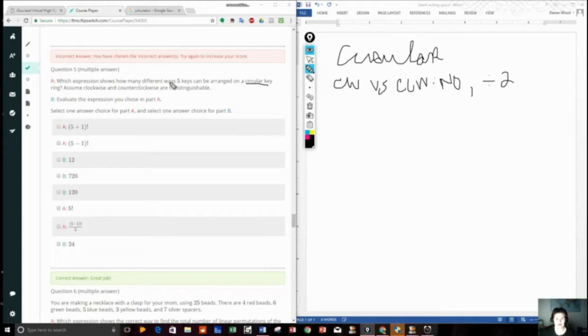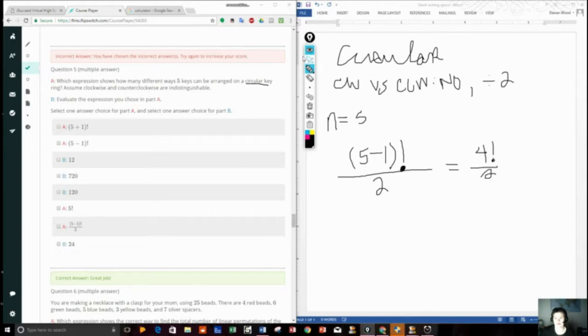Okay, so then we have 5 keys. N is our 5. And our circular formula is n minus 1, so 5 minus 1 factorial. And since clockwise and counterclockwise would look identical, so you couldn't tell the difference, we're going to divide that whole thing by 2. So then this is going to equal 5 minus 1 is 4 factorial divided by 2.